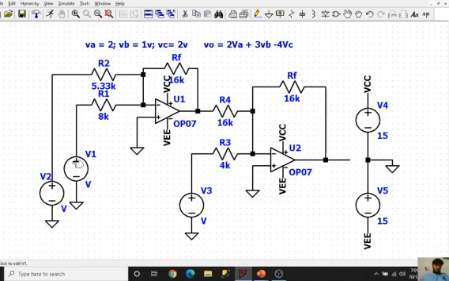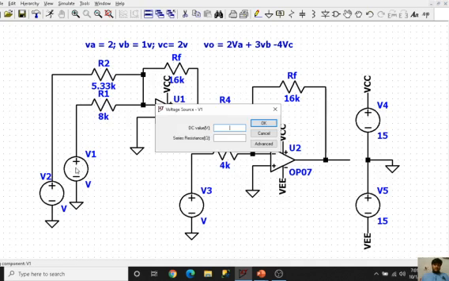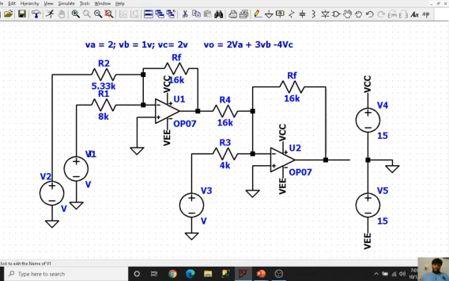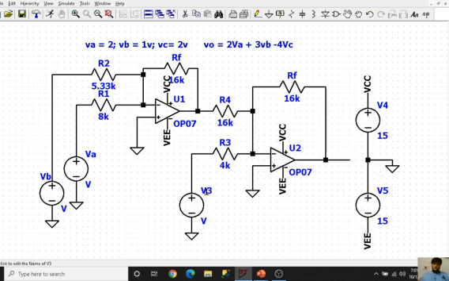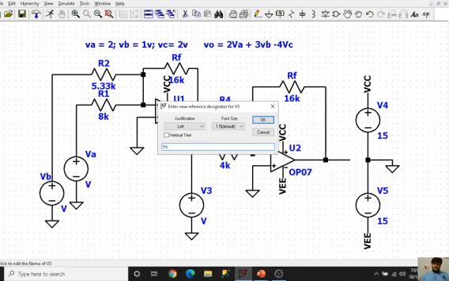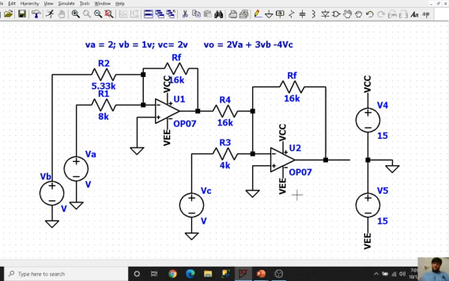So now what should be the value of V1? I will make this VA. Chalo, let's make this VA, as we have taken VA, VB and VC, right? So let me make this VA, VB and VC. No need to do any changes over here, it's okay. What is my VA?